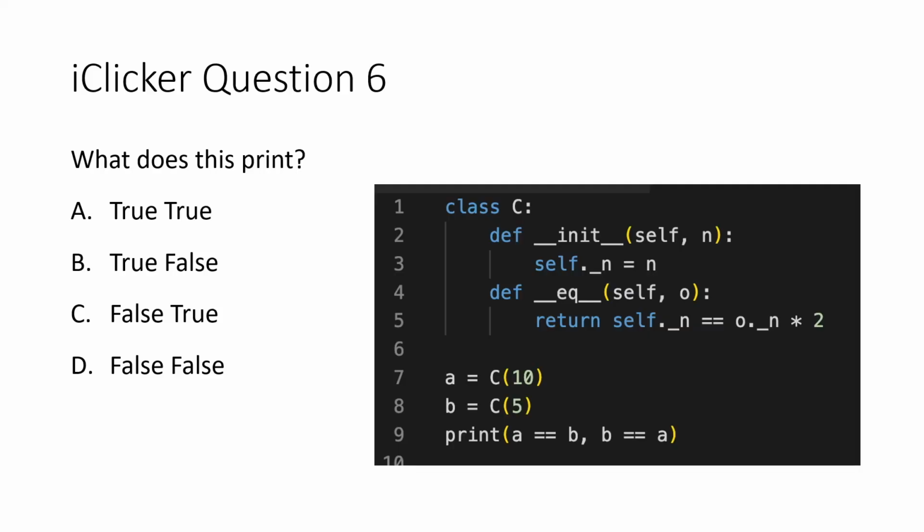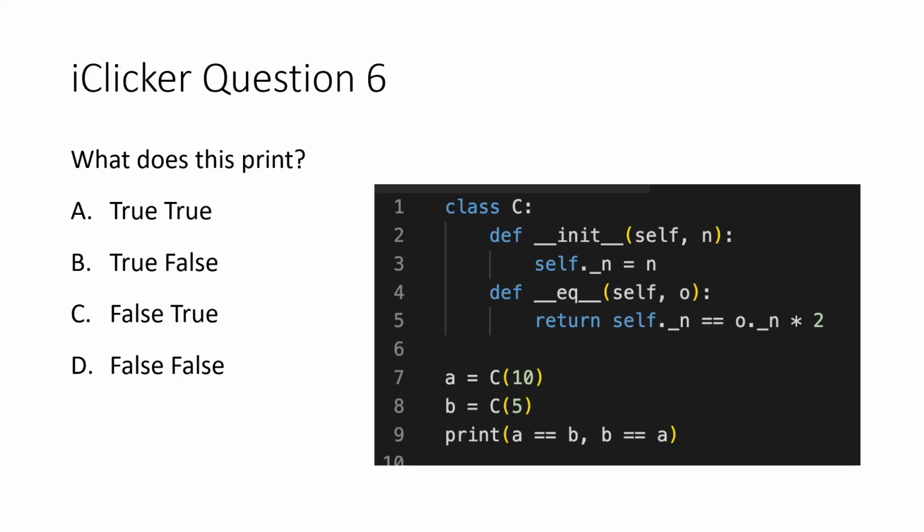The important thing here is when you type A equal B, the self is A. And when self is A, self underscore N, your N would be 10 here, right? The same way, who can explain B equal A? Yes.